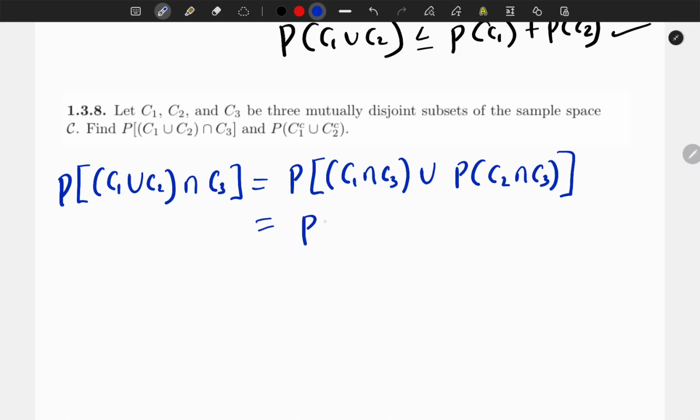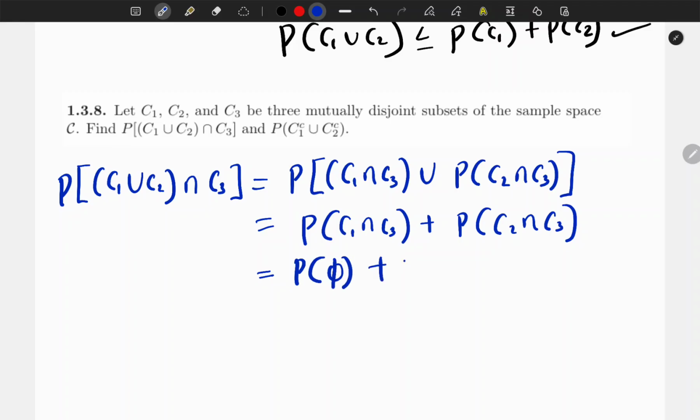Okay, the probability of C1 intersection C3 plus probability of C2 intersection C3. And then since they are mutually disjoint, this is the probability of the empty set, the probability of the empty set, and that is equal to 0. So by mutually disjoint, the intersection of these two is empty.